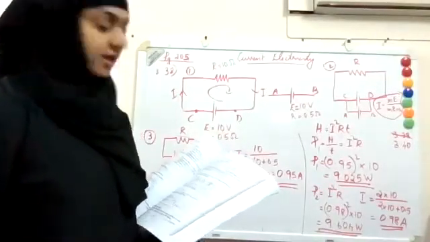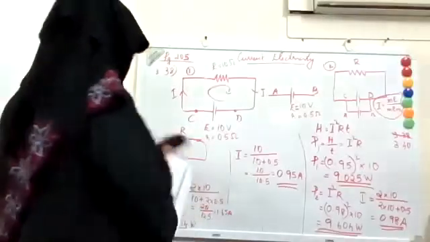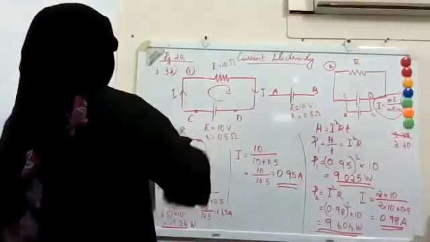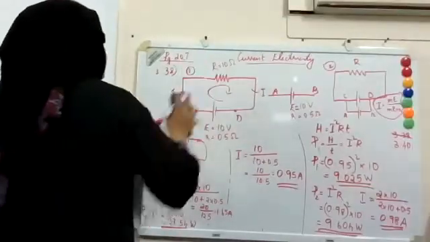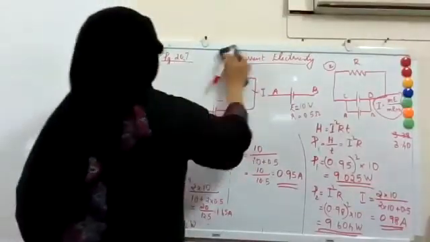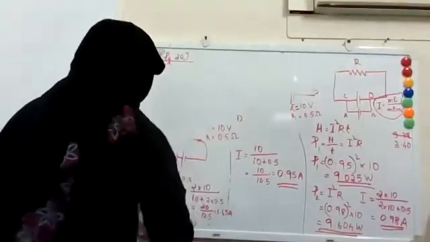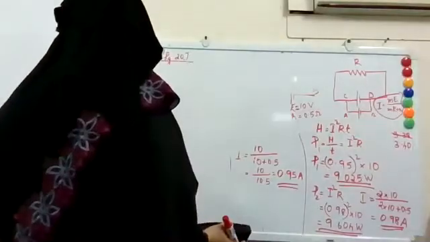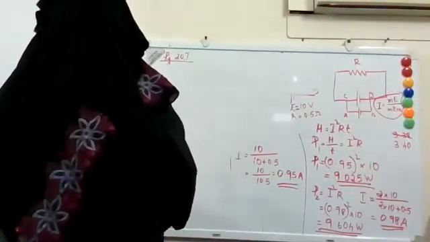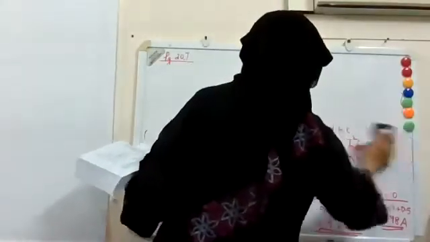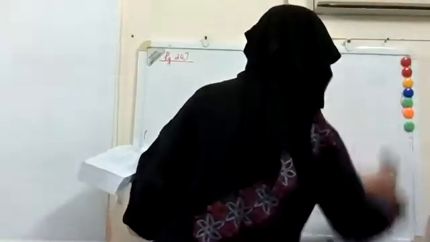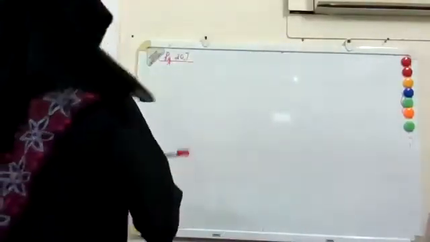Okay, Hasina, can you read question number 340, which is on page number 207? Find the equivalent resistance of the circuit. And in B, to get the same amount of current through R3 as that of R1, how much resistance, and in which way, is to be connected with R3? Give your opinion with mathematical analysis.